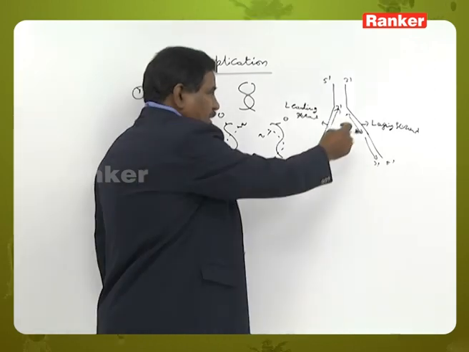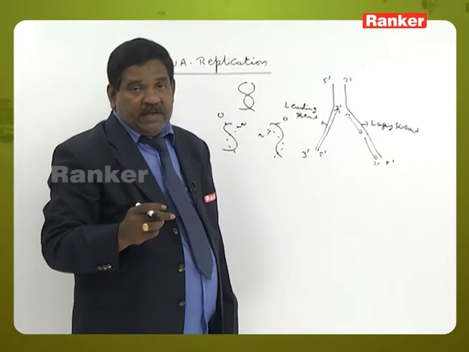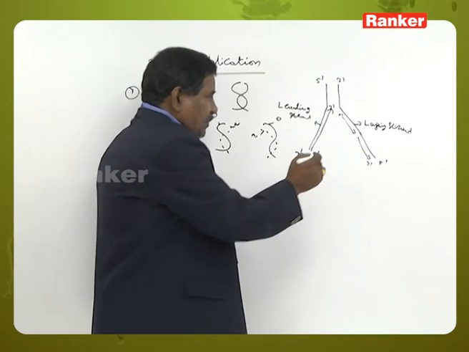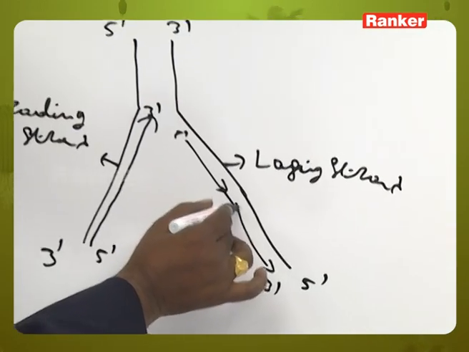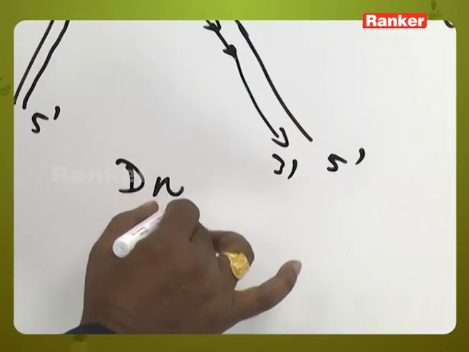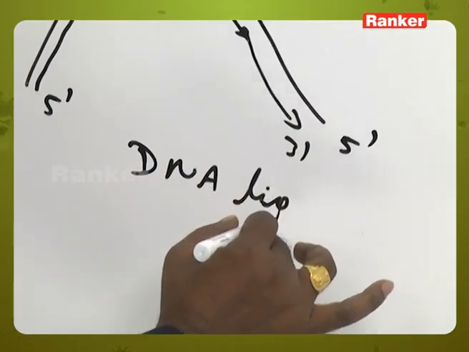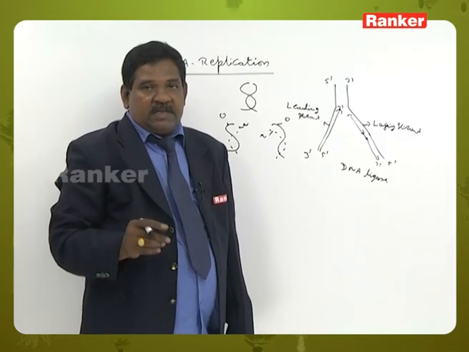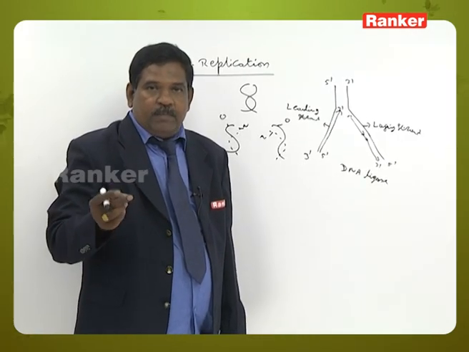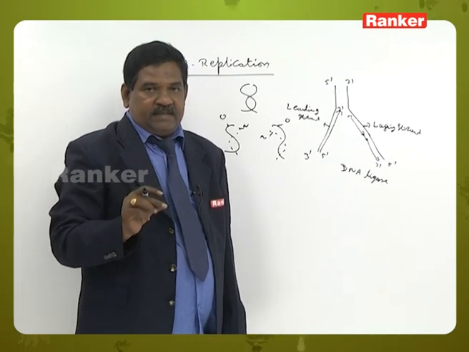But on the other strand, pieces of DNA are formed, called Okazaki fragments. After their formation, DNA ligase is required for the attachment of these fragments. So the strand with 5'-3' polarity requires both DNA polymerase and DNA ligase.